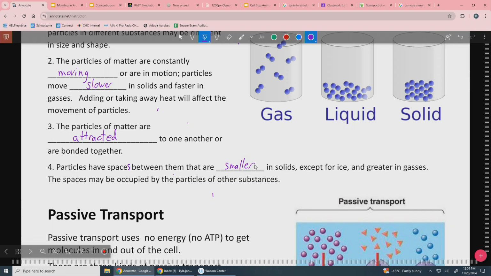These spaces may be occupied by the particles of other substances. So, for example, if you have liquid water, the spaces between those water molecules can be occupied by things dissolved in the water, or solutes.